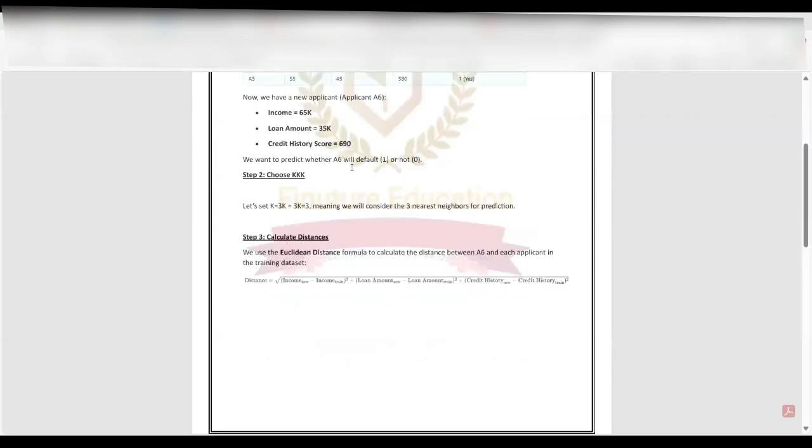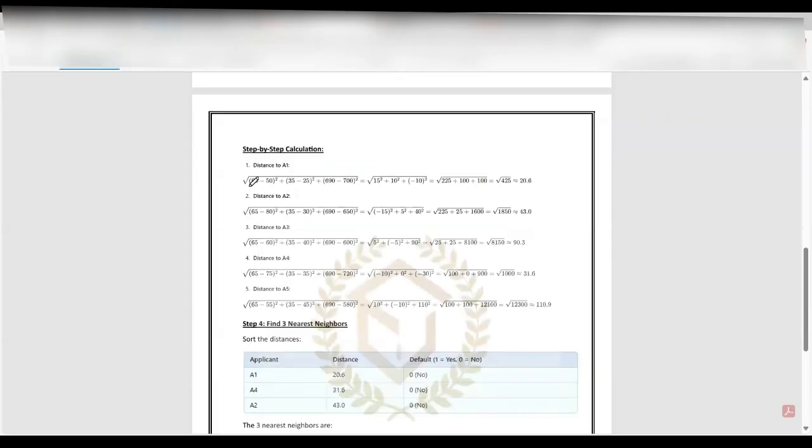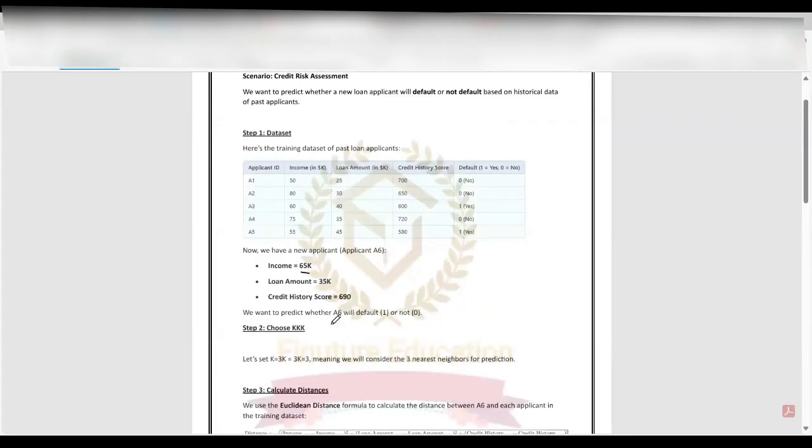So from the new application, you see 65 here, and from the training data set we had 50 here, so we have taken 50 here.